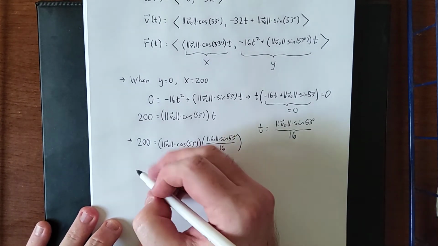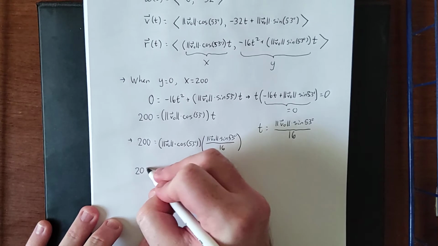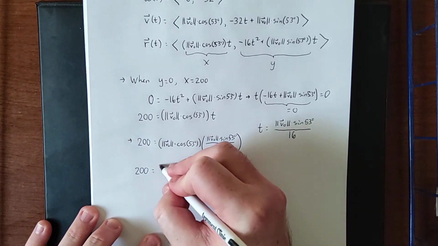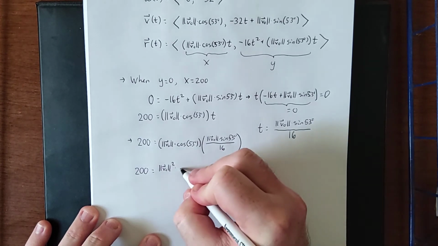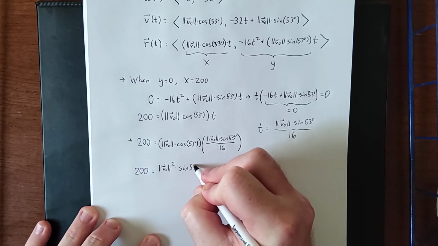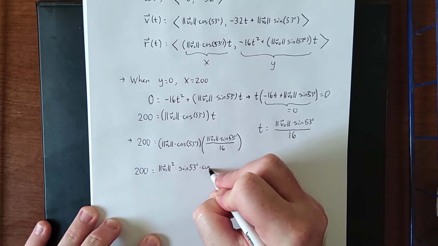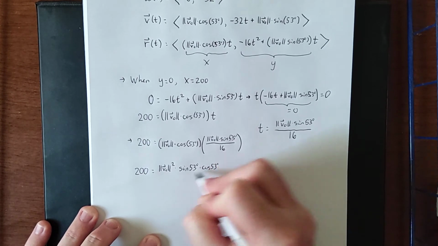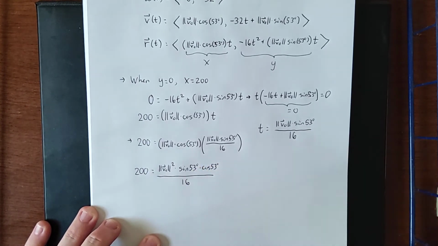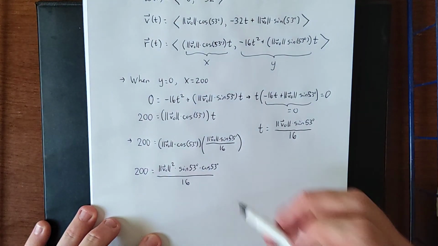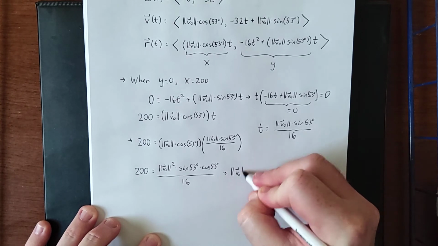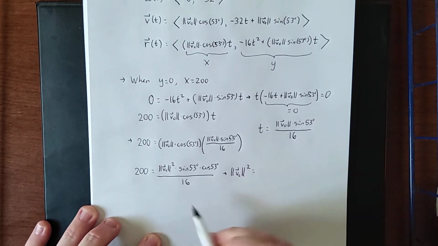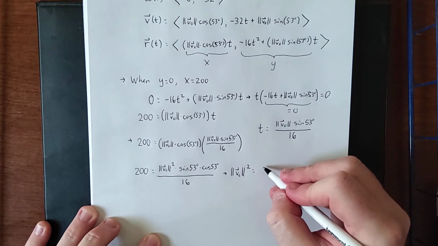Combining all of these things together, we're going to get the following. 200 is equal to the initial speed squared times the sine of 53 degrees times the cosine of 53 degrees divided by 16. It'll be very straightforward algebra to solve for the initial speed squared, which is to multiply both sides by 16.